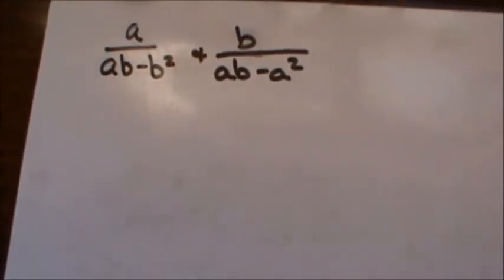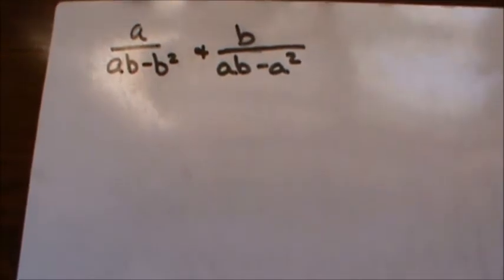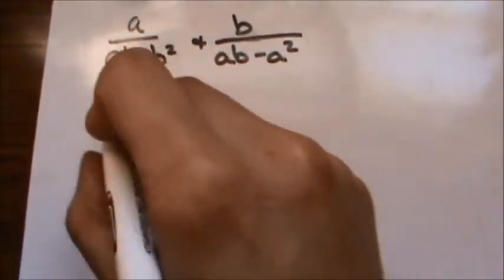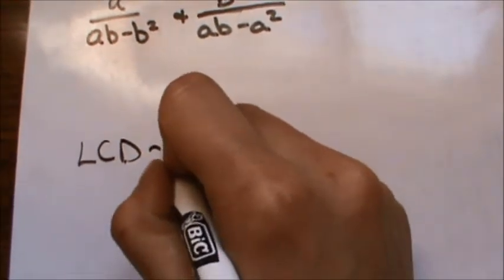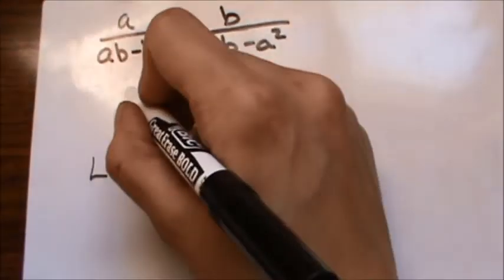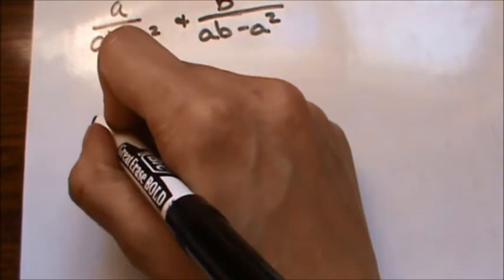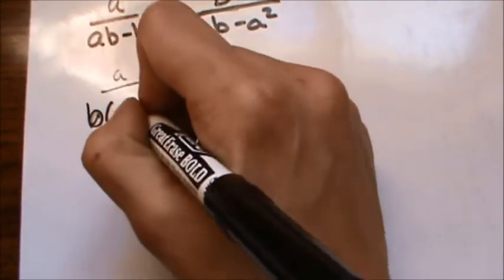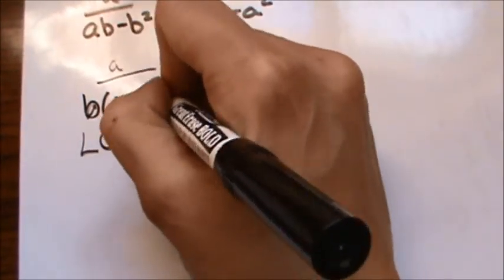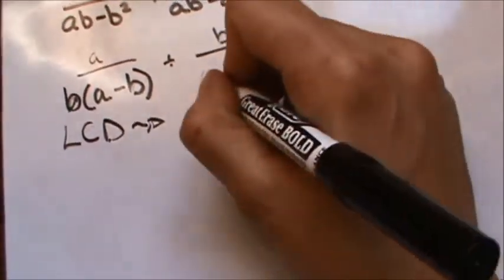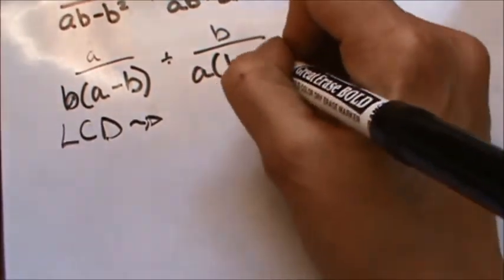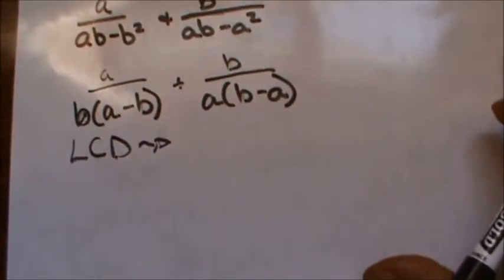Alright, last problem. This one here, I'm adding two fractions. I need to look for the LCD. So let's factor those denominators first. Both of these fractions have a b, and the second one and the first one both have an a.